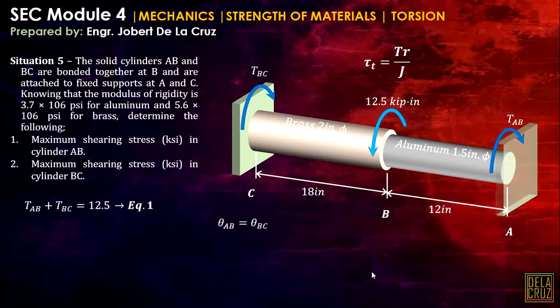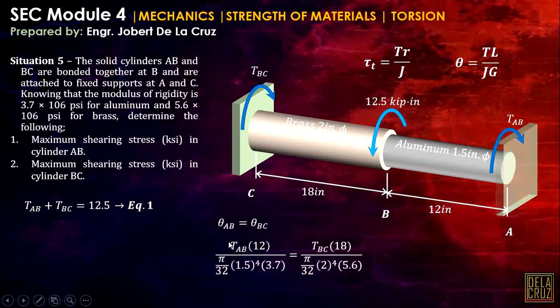Remember this formula for angle of twist, TL over JG. In member AB, that will be T_AB times the length of AB, 12 inches, divided by J. Take note, J is pi over 32 for a circular section, times the diameter to the fourth power. The diameter of aluminum is 1.5, times the G. Our G here for aluminum, where is that?